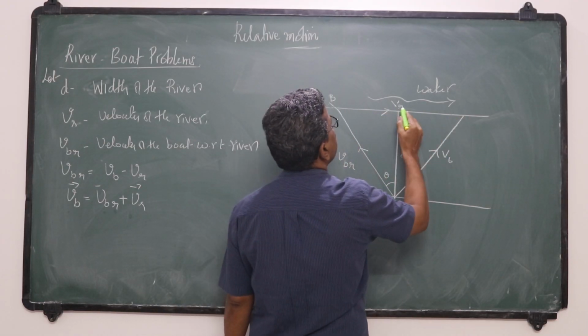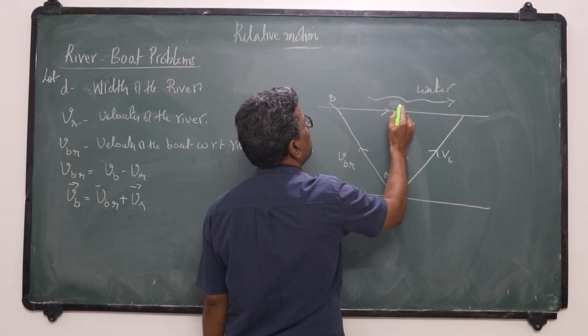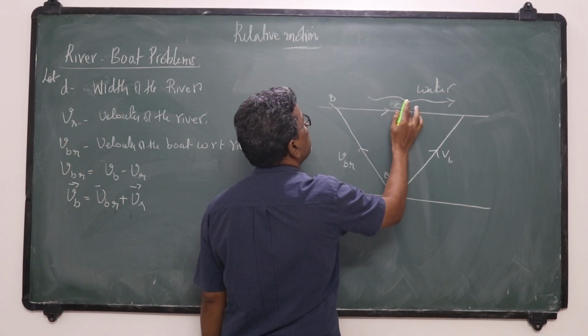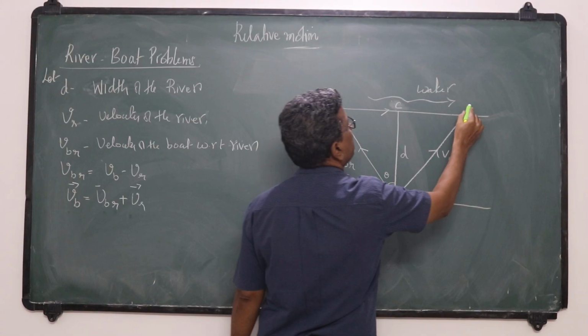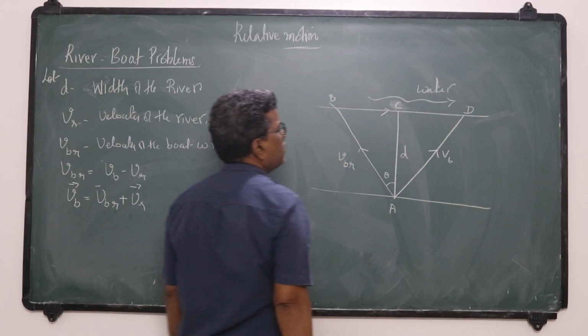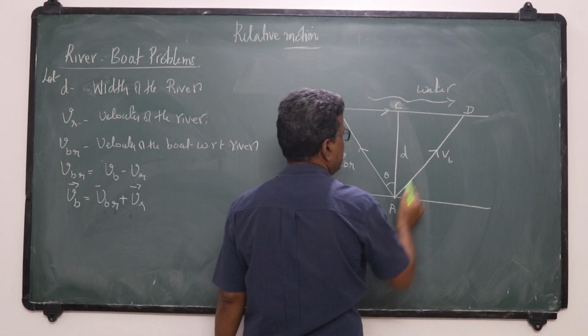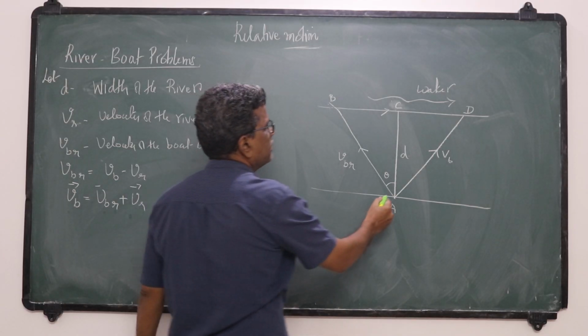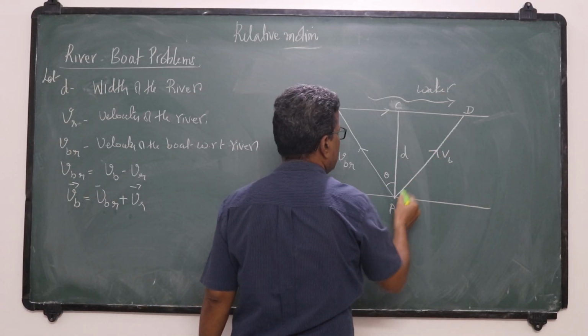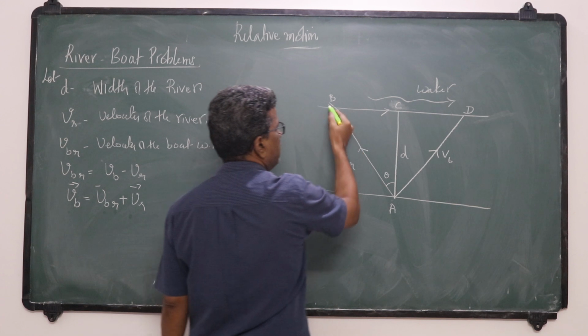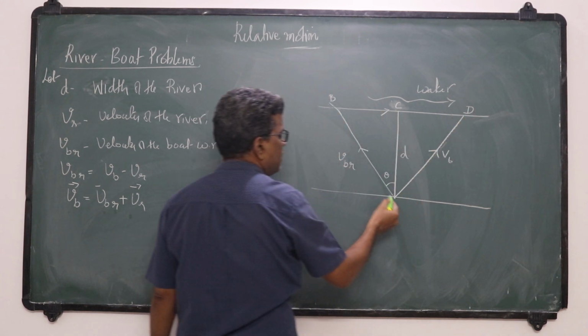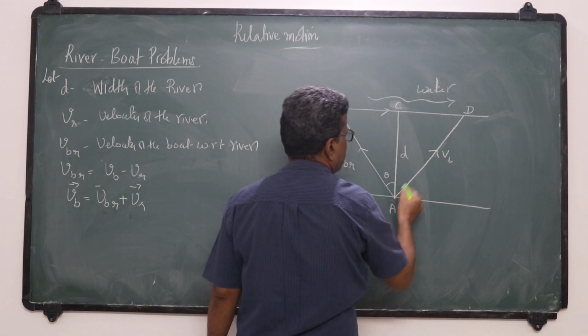Let this point be C. This point, let it be D. So, this AD is the third side of the triangle, in this triangle ABD. This is VB.